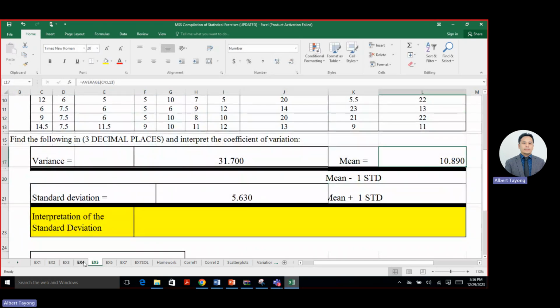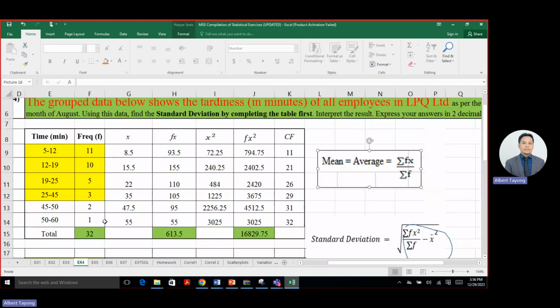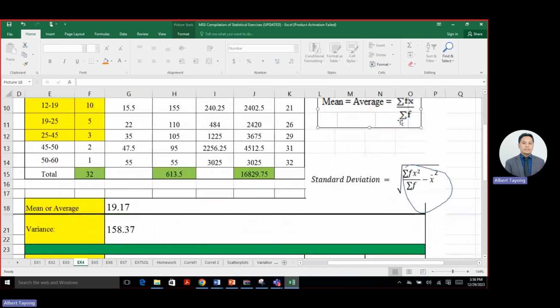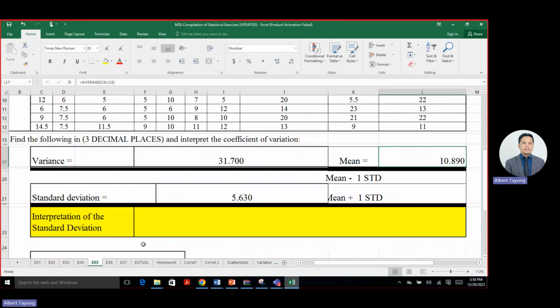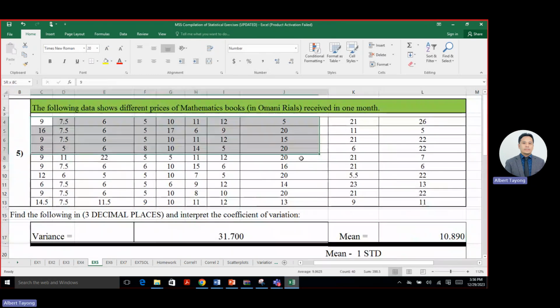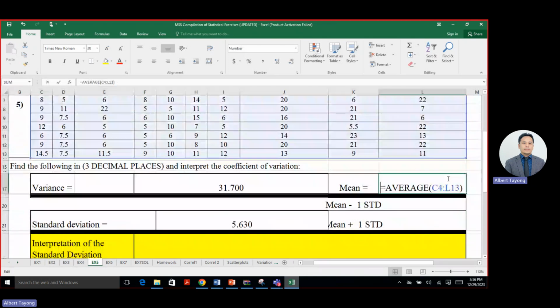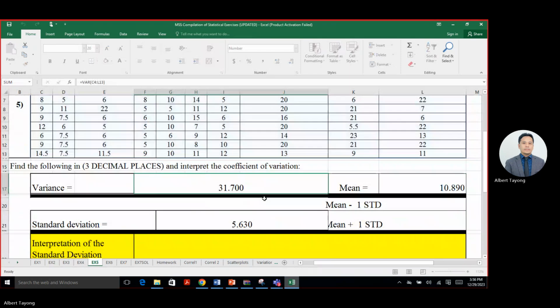So here our mean is sigma fx over sigma f for our group data. Here we have raw data, so the mean becomes equals AVERAGE. And here equals VAR. Here equals STDEV.